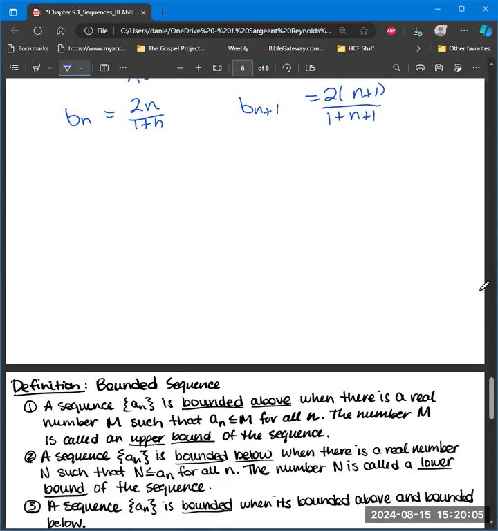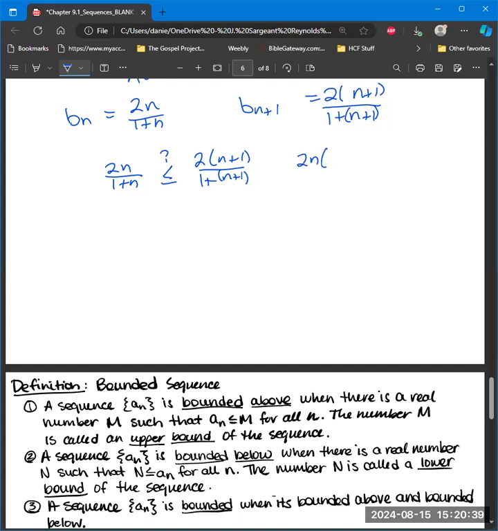And I want to know, is 2n over 1 plus n less than or equal to 2 times n plus 1 over 1 plus n plus 1? That's my question here. If true, the sequence is monotonic. Because all these numbers should be positive, because n is at least 1, I should be able to cross multiply here without losing the inequality sign.